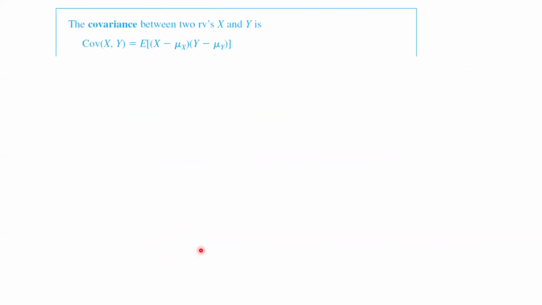Now, we're going to define covariance between two random variables x and y. The covariance between x and y is the expected value of x minus mu of x times y minus mu of y, which is defined for discrete and also continuous random variables.